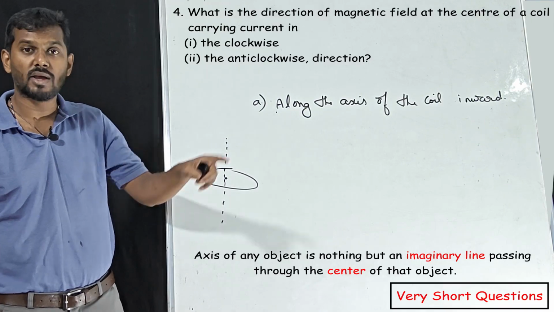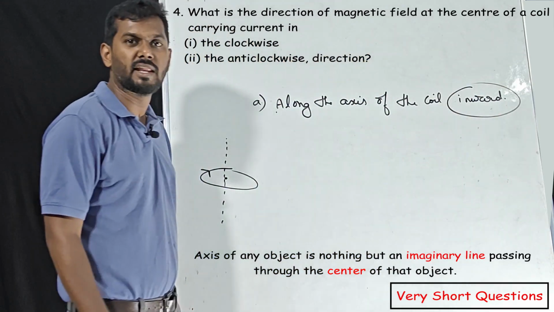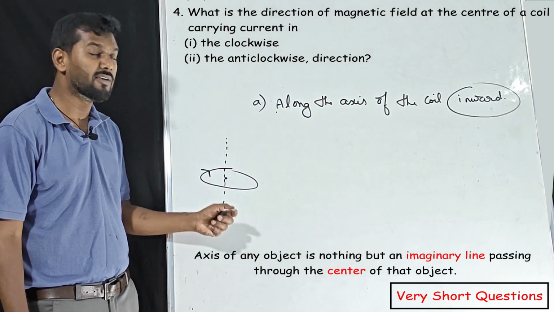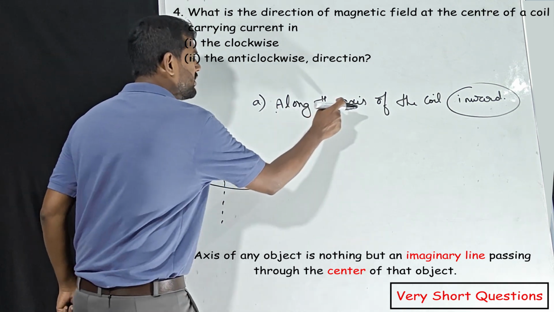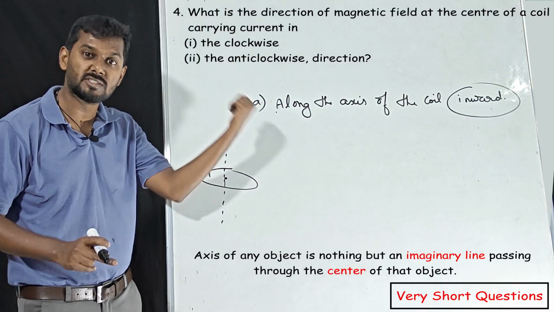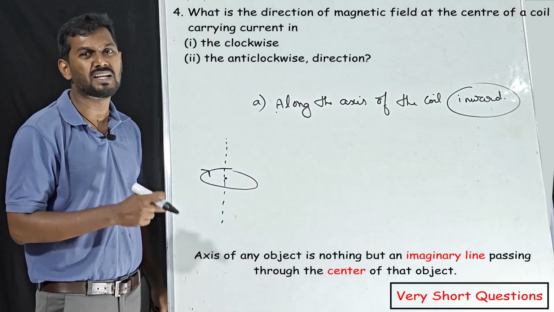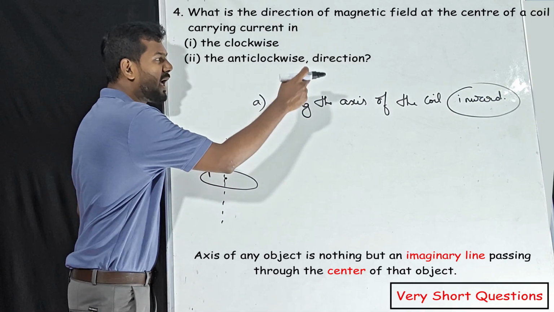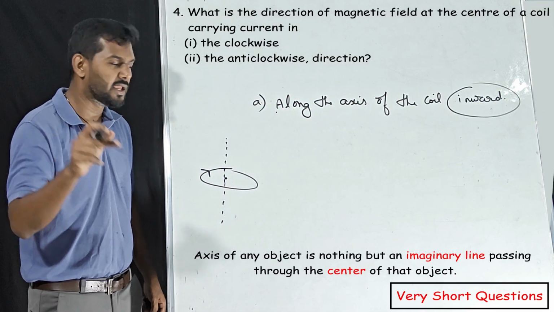Now if it is clockwise, you need to understand one more thing. The direction of magnetic field at the center will be inward. Then why are we using along the axis of the coil? Because this is not mentioned in the question, correct. Why are we mentioning it in the answer? Because they are talking about the center of the coil, which is nothing but along the axis of the coil. If it is clockwise, it is inward.